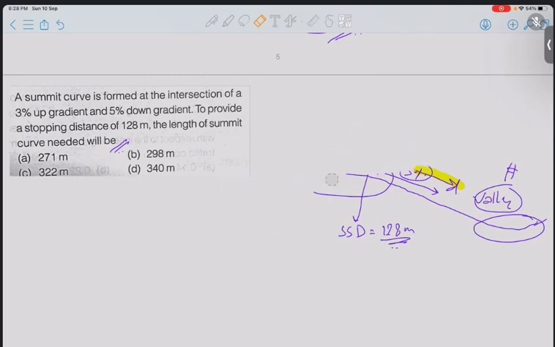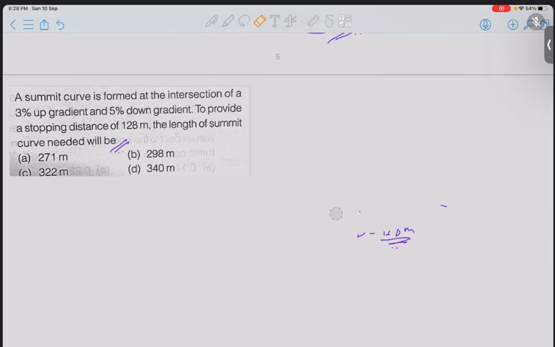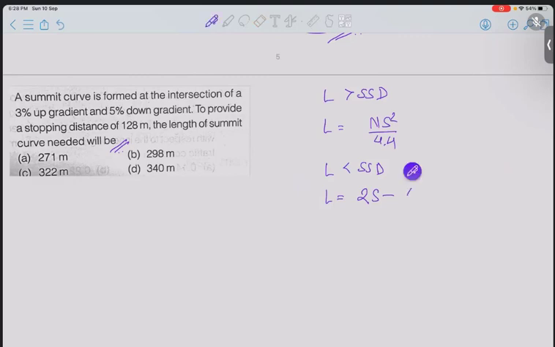If you remember the summit curve length calculation, it has a condition. Let's assume that the length of the summit curve is greater than the stopping sight distance. Then it is given as N S square by 4.4. When we assume that the length of the summit curve is less than the stopping sight distance, then we give it as 2S minus 4.4 by N, I think.